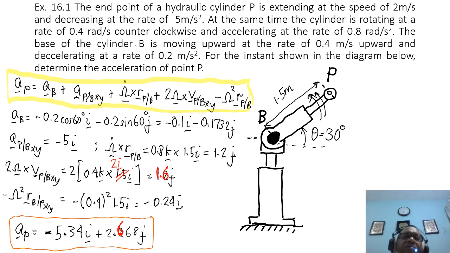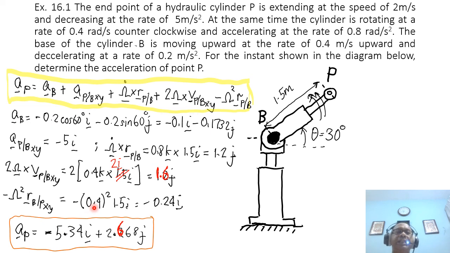I hope the math is correct. I did make some mistakes here and there, but I do wish that you can follow through. It has been quite a tough example, but it shows you how to apply all the terms that you've covered in the acceleration into the equation.